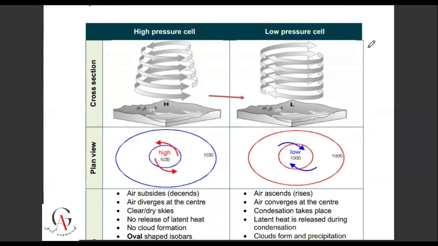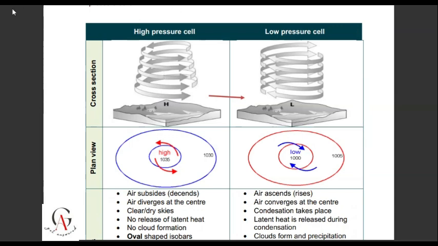Right. We're looking at the first part here, our high pressure cell. Our high pressure cell is actually what we call the anticyclone. So it's basically an anticyclone, the high pressure cell.